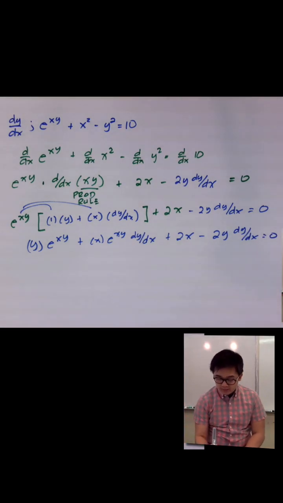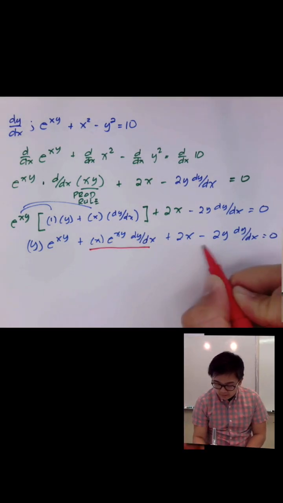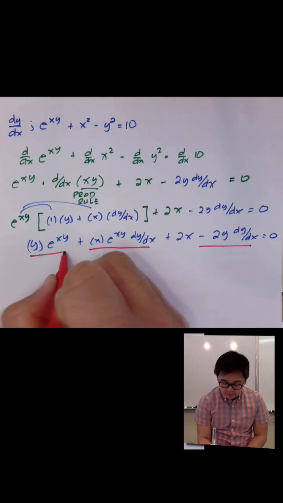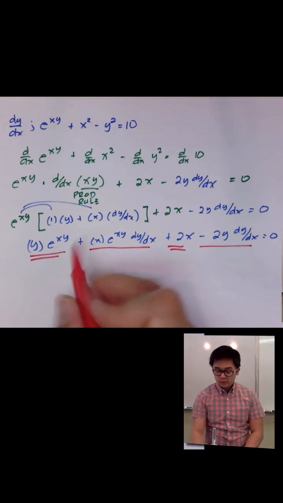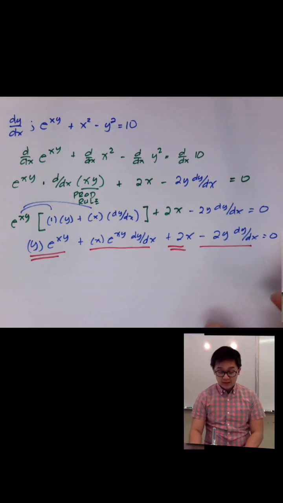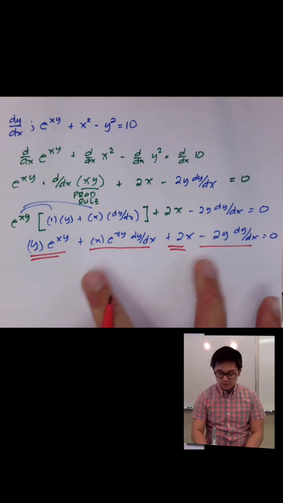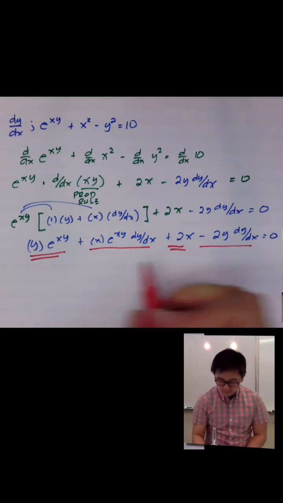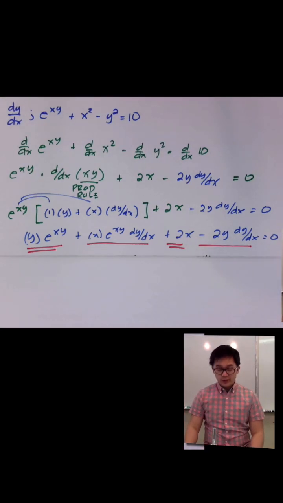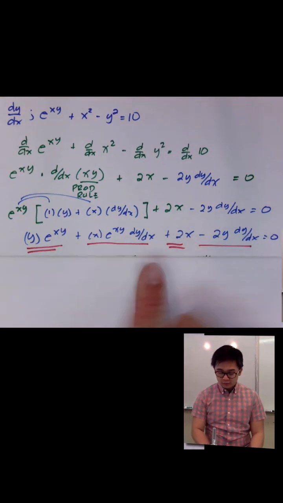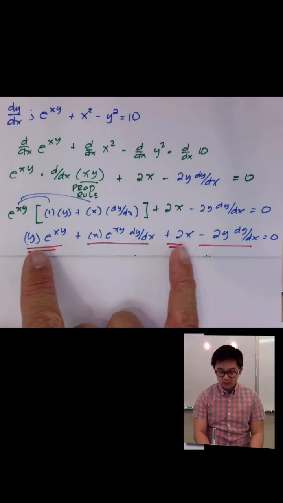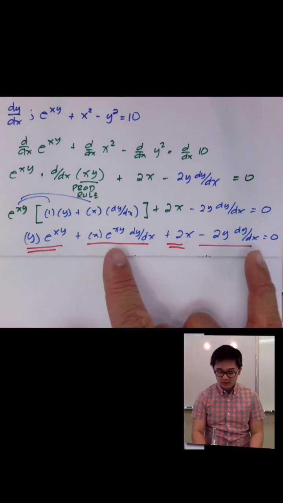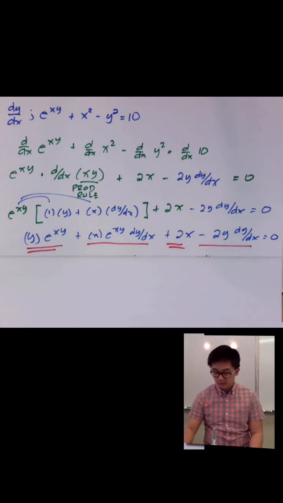So I know that I can group this together, and I will transpose these two terms right here to the other side by the additive inverse, so minus these terms. The dy/dx terms will stay on this side of the equation.